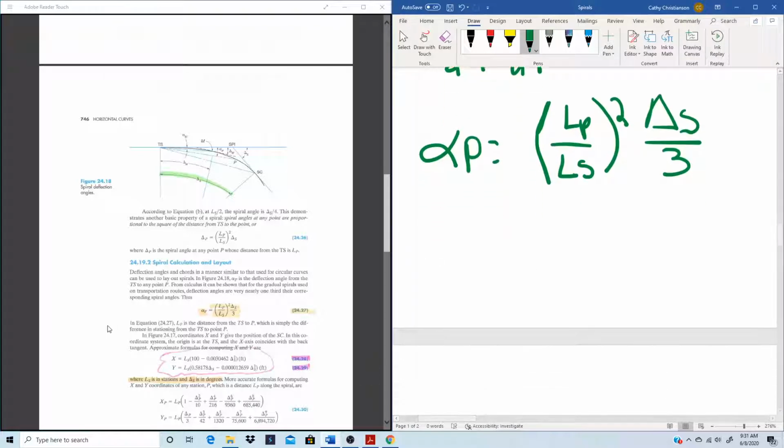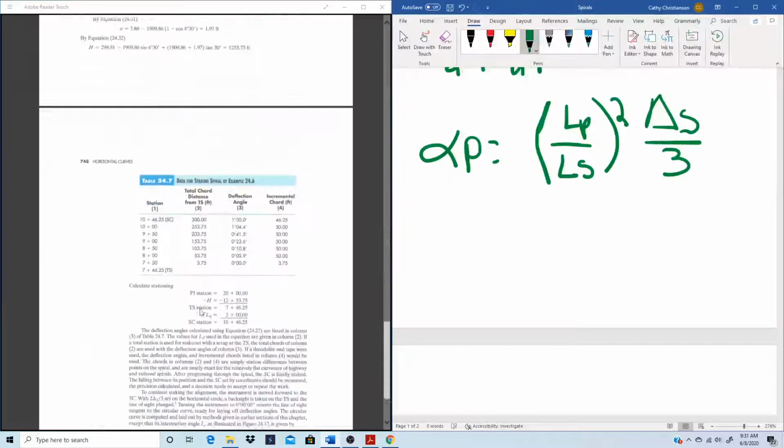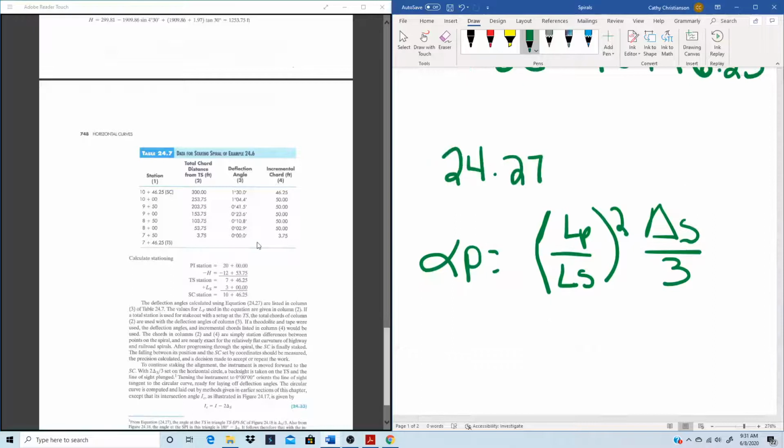Let me go back over here and show you really quick. I'm going to work a couple of them. If I'm wanting to get the deflection angle here, the Lp is your column 2, so that would be 3.75.